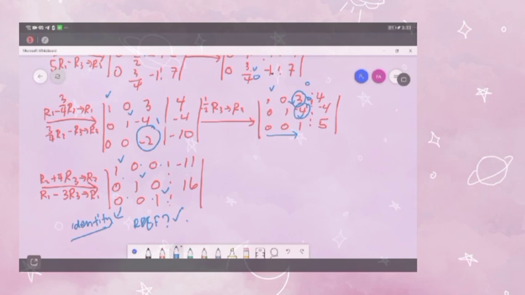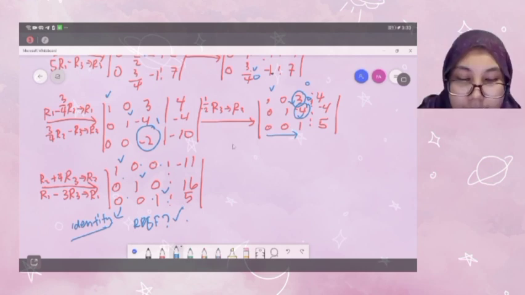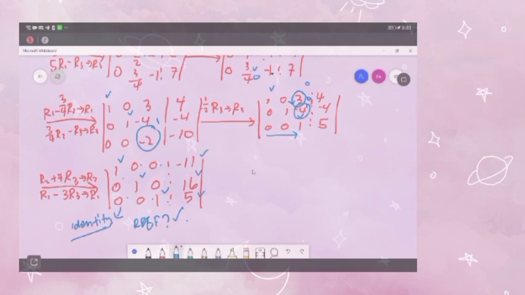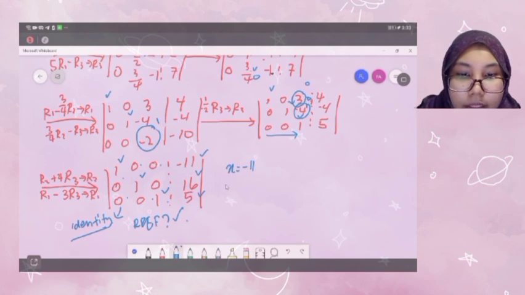Oh, sorry, I forgot to write back 5 here. Okay, so when we are done and it is RREF, we can take all the right hand side as the final answer. So our x is equal to negative 11, our y is equal to 16, and z is equal to 5.